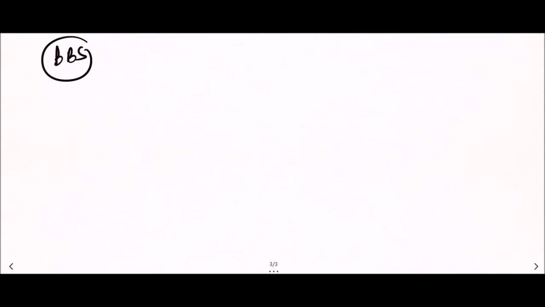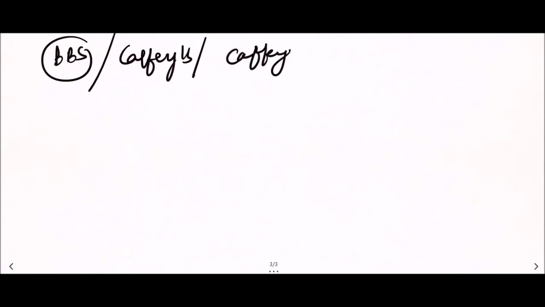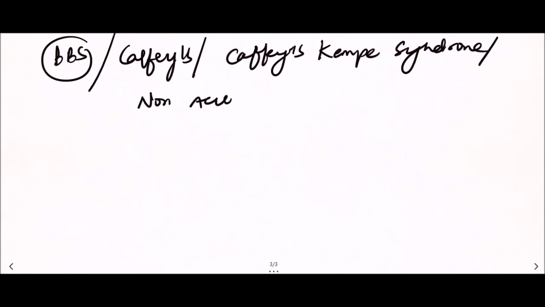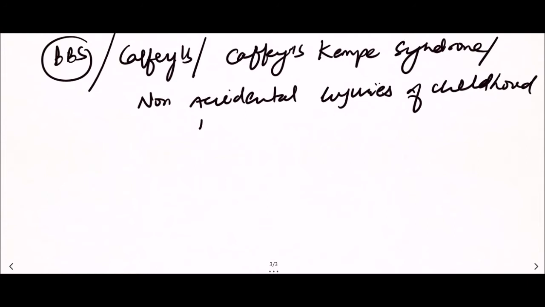This battered baby syndrome is basically known as Caffey syndrome, or Caffey-Kempe syndrome, or non-accidental injuries of childhood. So non-accidental injury of childhood is also known as battered baby syndrome.